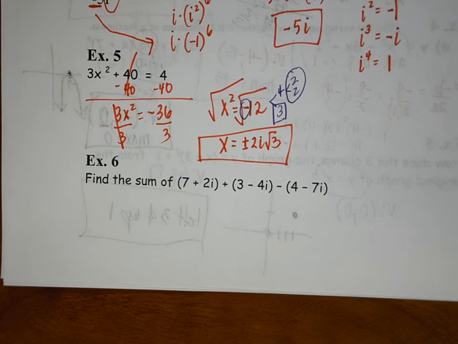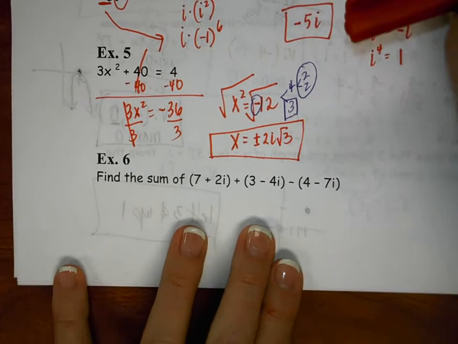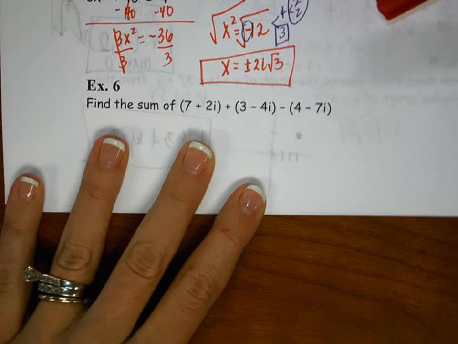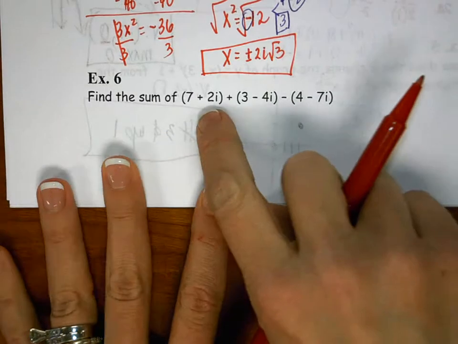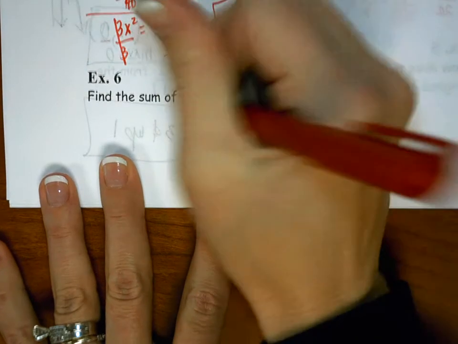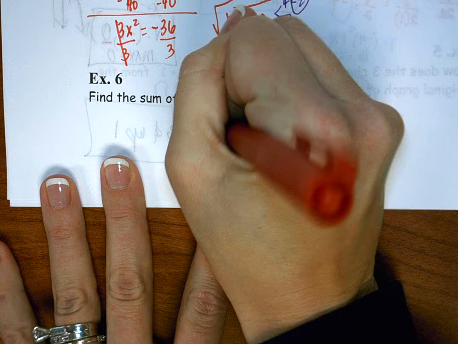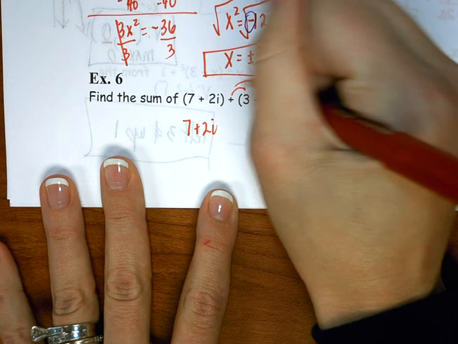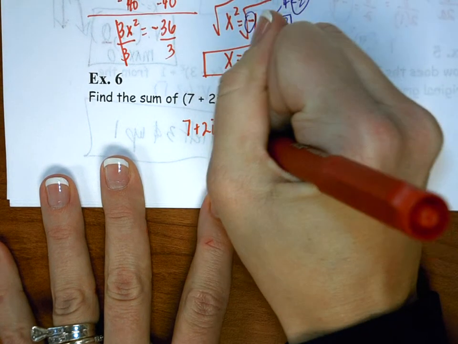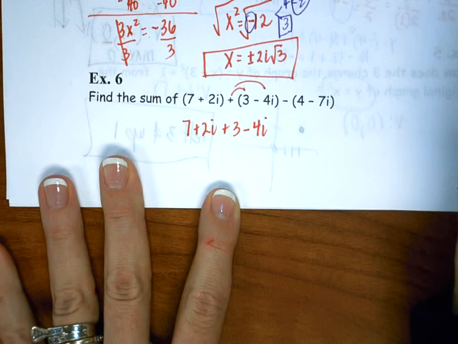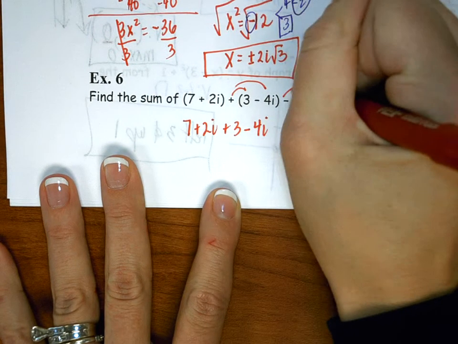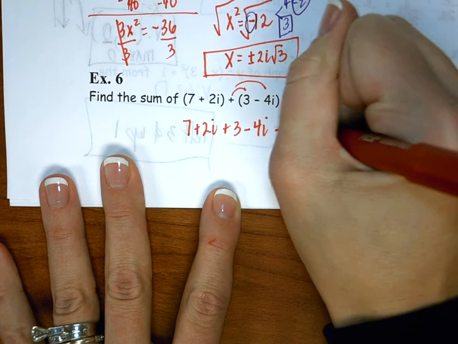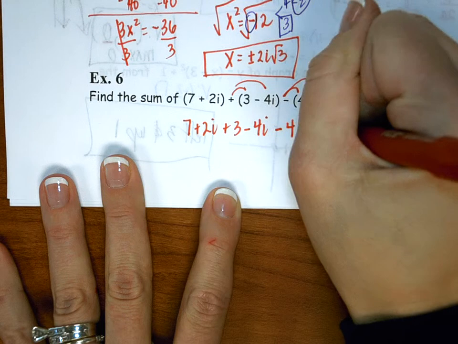Okay, example 6, you're just finding the sum. So all we're doing is combining like terms. But before that, you need to get rid of the parentheses. Well, there's nothing to do with this parentheses, so I just have 7 plus 2i. When you distribute a plus, it doesn't change anything, so I have plus 3 and a minus 4i. And then when I distribute a negative, it becomes a negative 4 and a positive 7i.